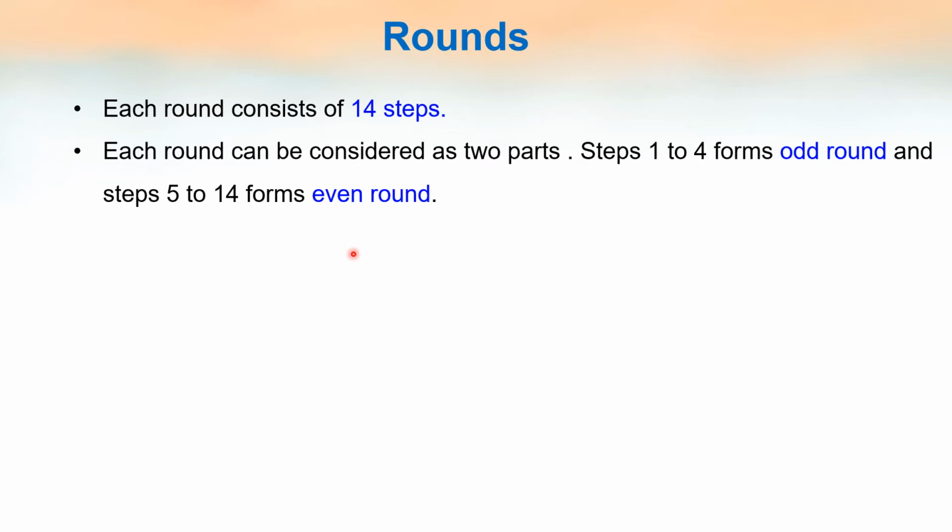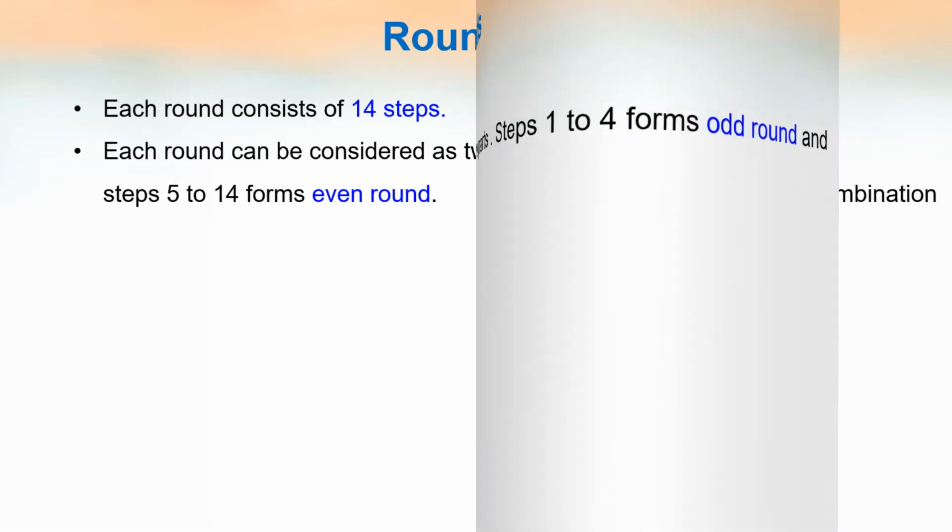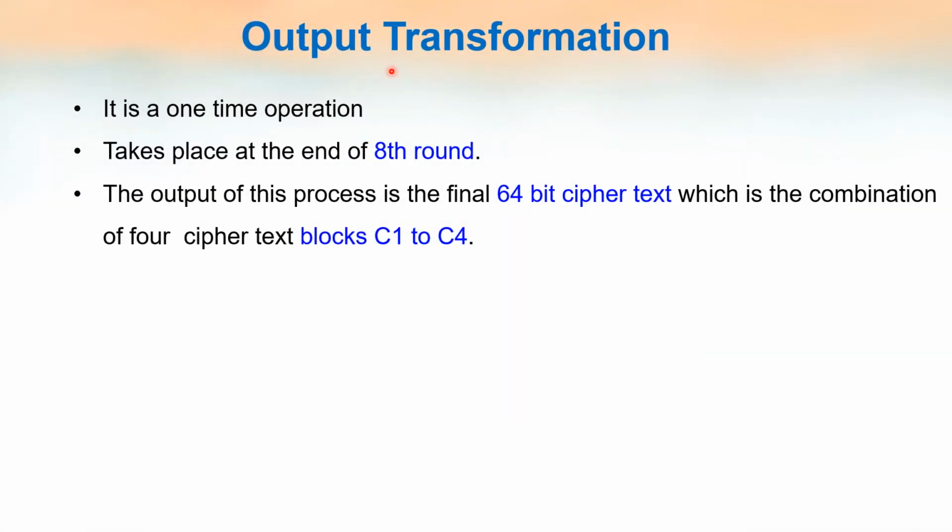In each of the 8 rounds, this odd round and even round are there. Now consider the last round, the output transformation round. It is a one-time operation, taking place at the end of the 8th round. The output of this process is the final 64-bit ciphertext, the combination of 4 ciphertext blocks C1, C2, C3 and C4.